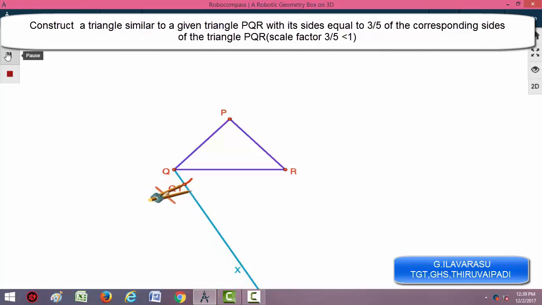I am taking here 1.5 centimeter as the radius and drawn the first arc from Q, and then I marked it as Q1, and then from there for 1.5 radius I have made an arc and named it as Q2, and then from there again 1.5 radius, cut the given ray and mark it as Q3. In the similar way, get Q4 and Q5 also. So we need 5 equal parts.